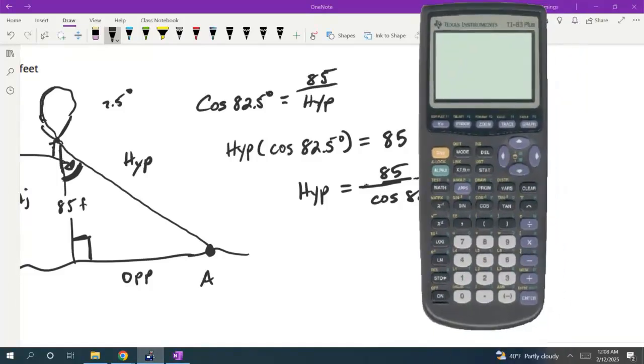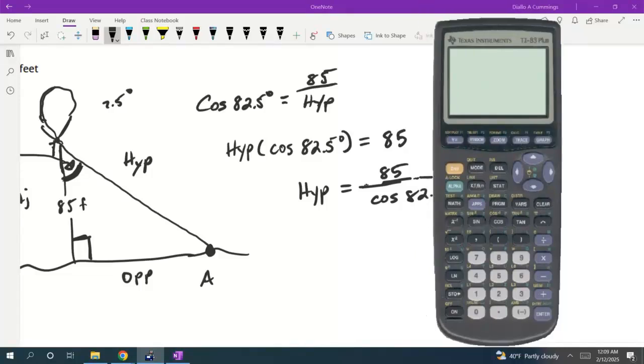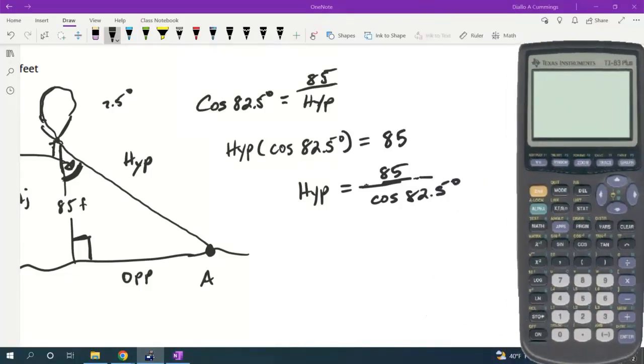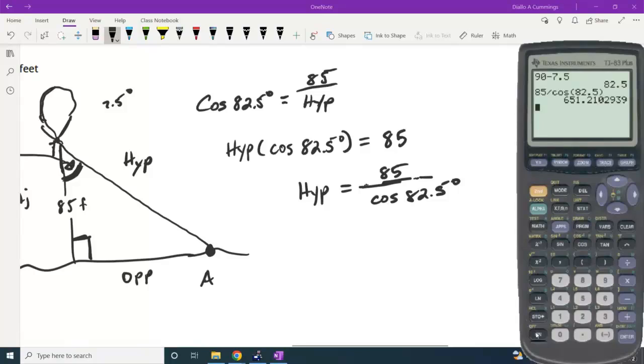I'm going to bring up the calculator. And I'm going to make sure I'm in the right mode. Since I'm given a degree measure, I just want to check to make sure my calculator is in degree mode.